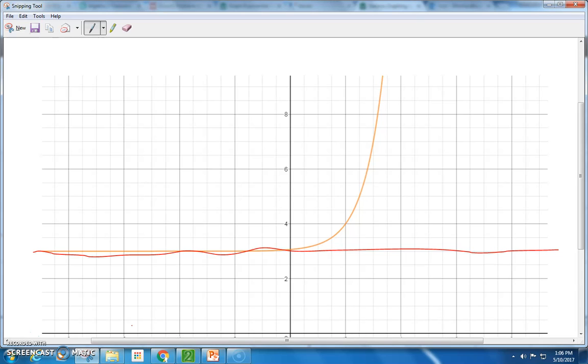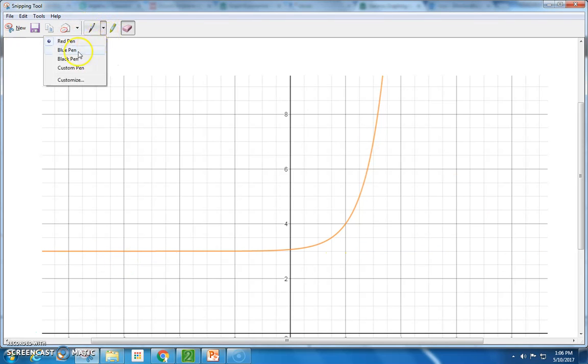So if that line is where we have positive 3, then that means the whole thing has been shifted up positive 3. That means that in my equation, I know for sure that y equals whatever my function is plus 3. So my parent function has had 3 added to it. So I'm going to record that now.